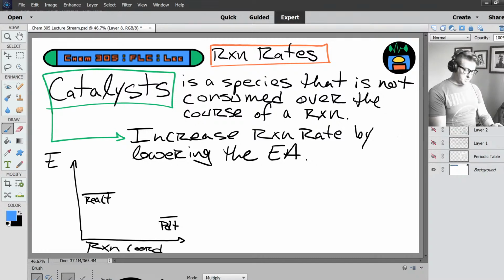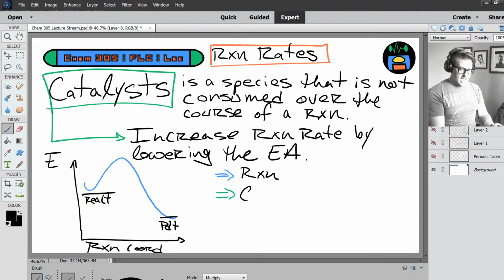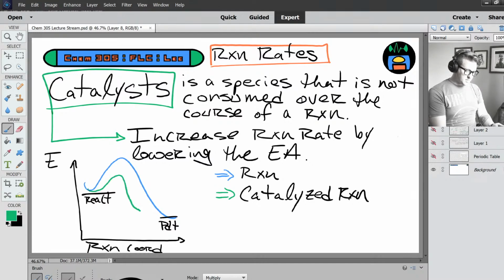Let's say we've got a reaction that looks like this. All right, so blue is a reaction. All right, and then in green here is going to be the catalyzed reaction. Now, it's the same reaction in the sense that we start with the same reactant and we make the same product.